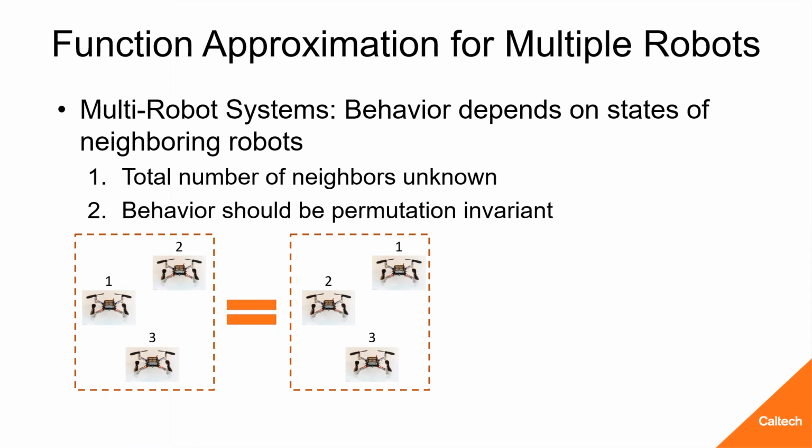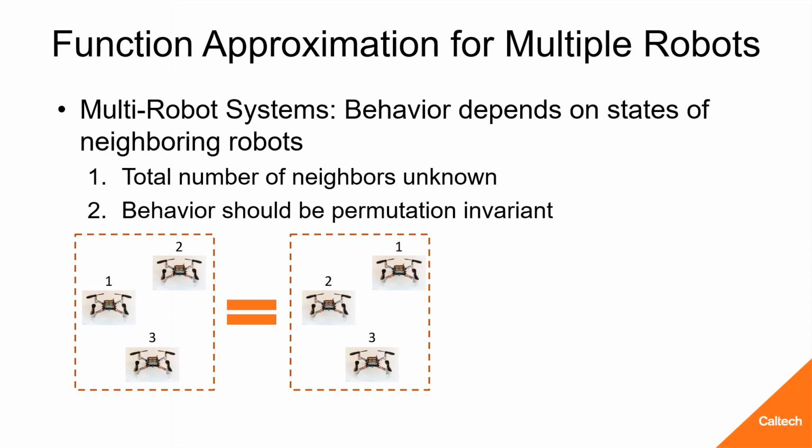And you also don't really want to allocate an identity to each robot. So ideally, the behavior should be permutation invariant. In the picture at the bottom, there are 3 quadrotors doing some task, and their behavior should be independent of how I number those quadrotors.